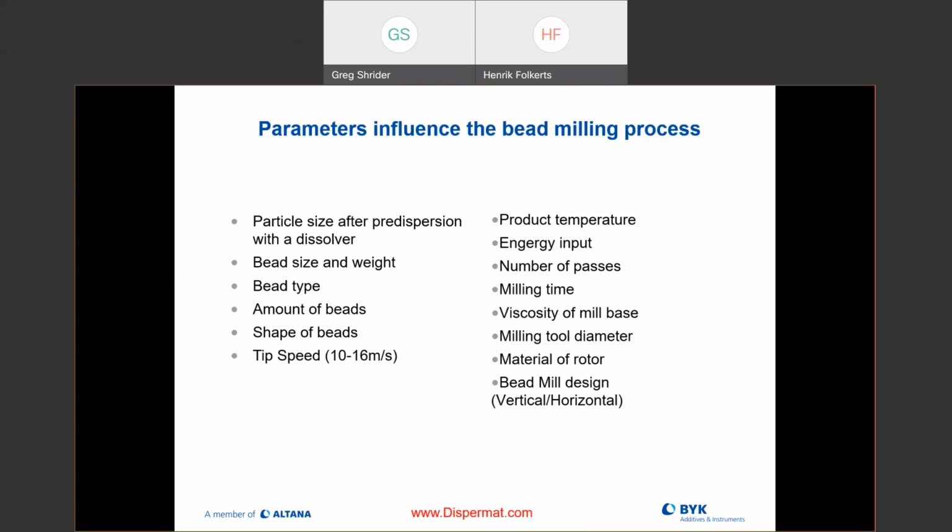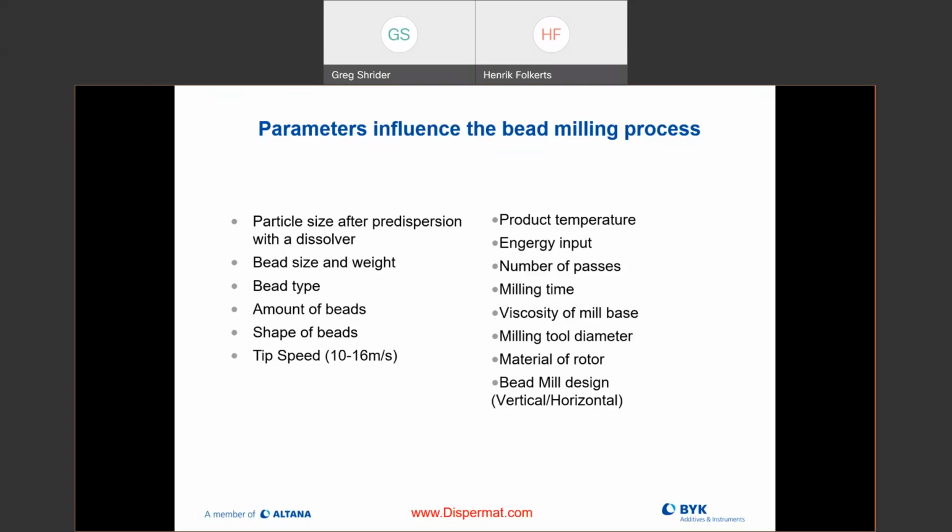The energy input, how much energy I'm putting into my mill, is very critical. I can run some mills with just a certain amount of speed, but I can also set up, for example, OSL mills to run with what's called constant power, so that I put a certain amount of energy into my mill base, and the machine will automatically adjust the speed it needs to always maintain that amount of energy. Then the residence time in my milling chamber: how long is it in there?